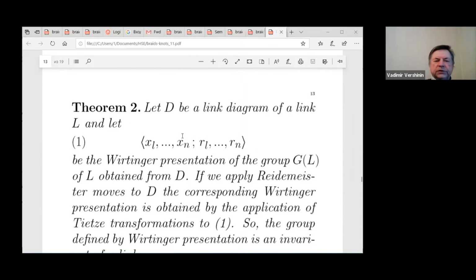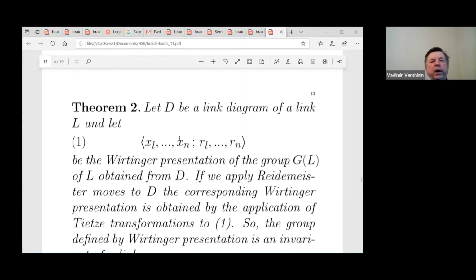So you just consider a link. You consider a diagram. From the diagram, by the algorithm that I told you, you make orientation. At each crossing, you are making a square.